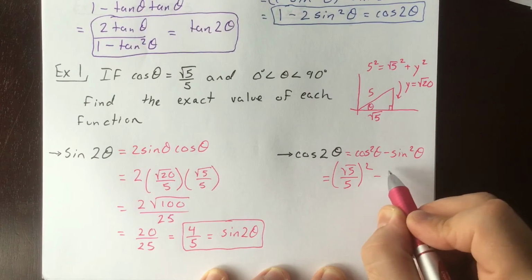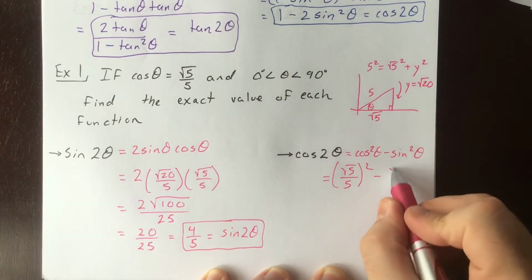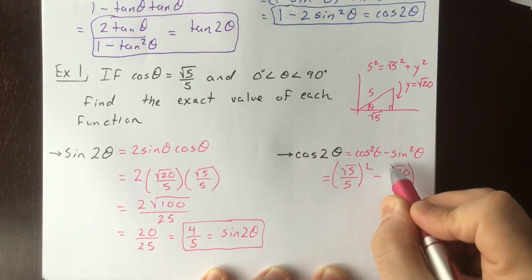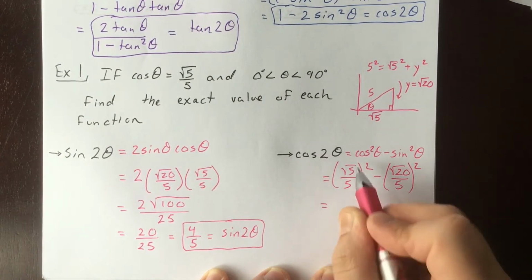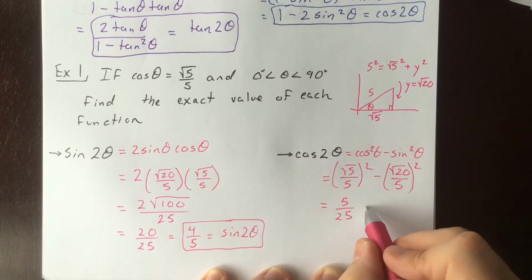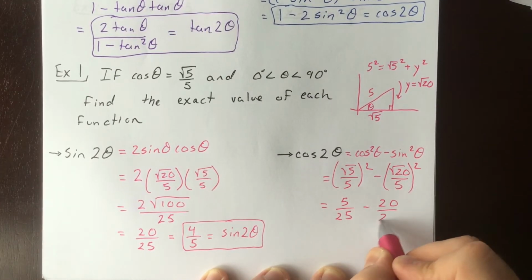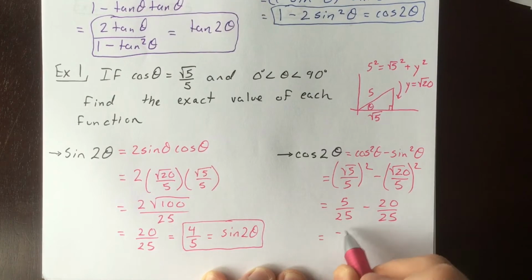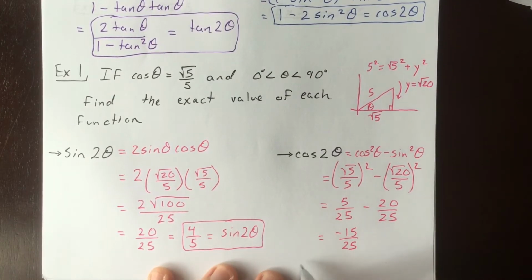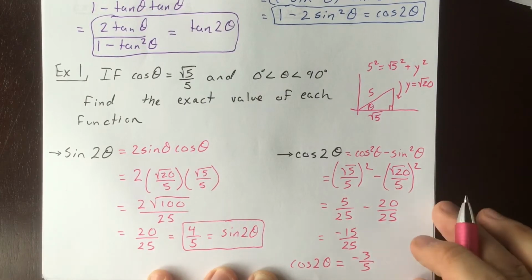And sine is square root of 20 over 5, we square that as well. And we get just 5 over 25 and then 20 over 25, which comes down to negative 15/25, which says that cosine of 2 theta now equals negative 3/5.